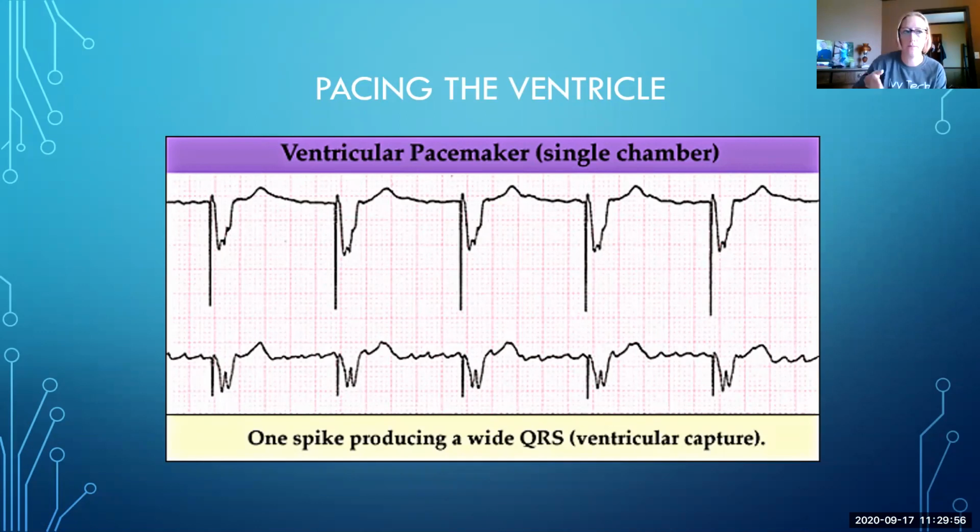It's coming from an outside source. So it is going to be prolonged a little bit because of that delay. That is going to be normal. Now this rhythm in particular, clearly they have other issues going on too. They probably have had an MI in the past. They've got AFib clearly, but you will at least see a little bit wider of a QRS with a pacemaker.